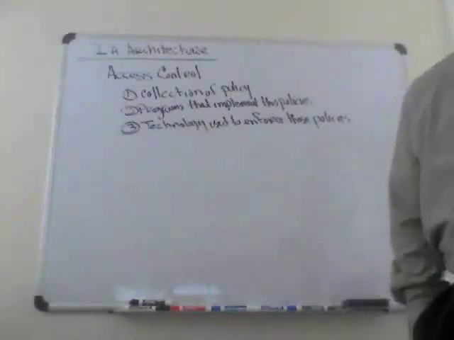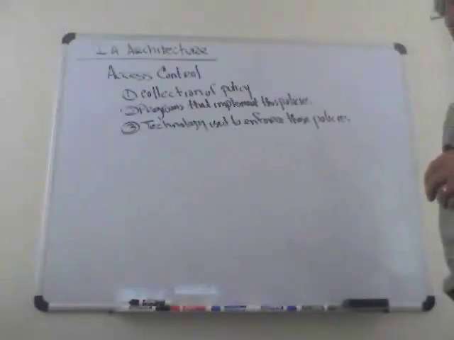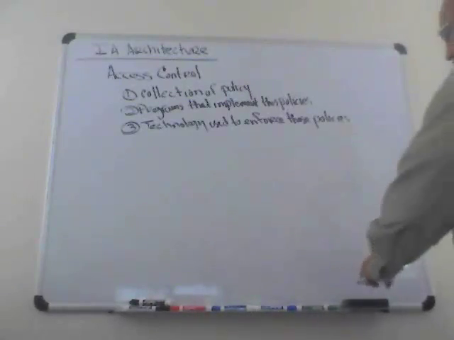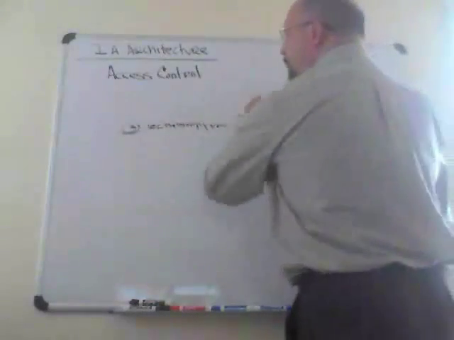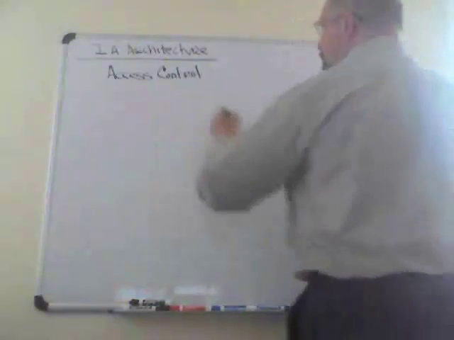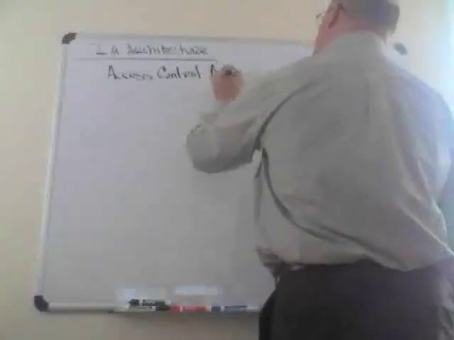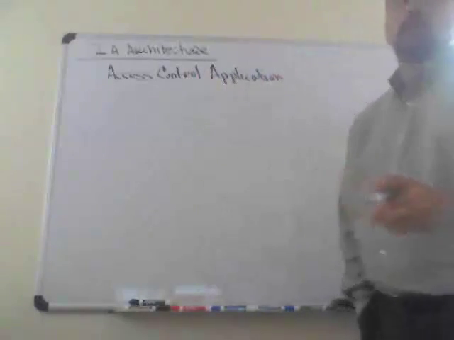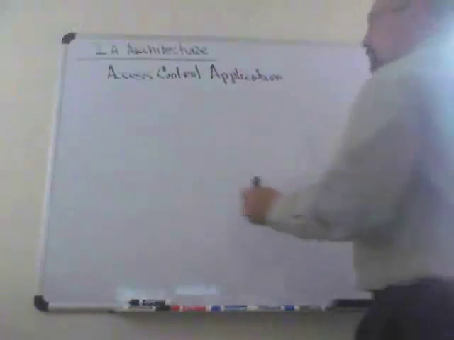If we look at the general application of access control, we can break it down into four components. First is identification.